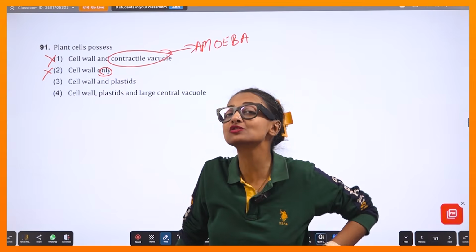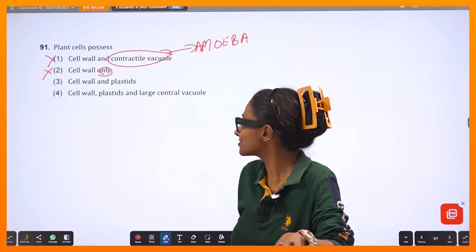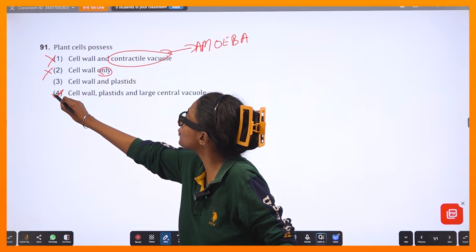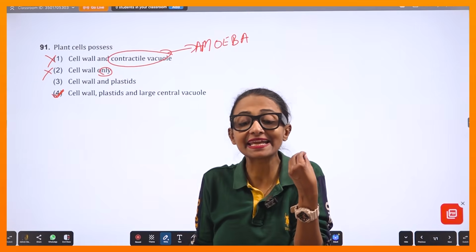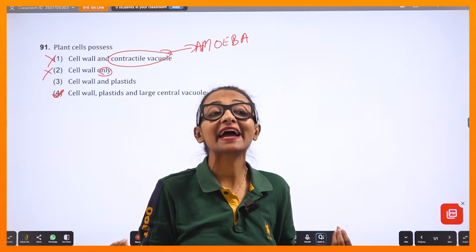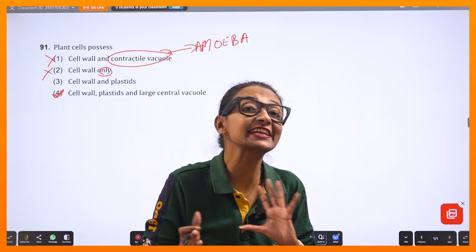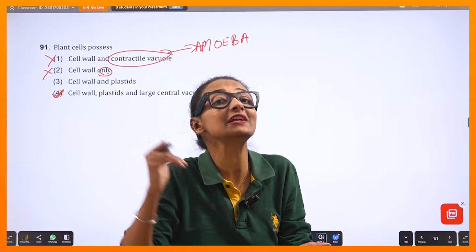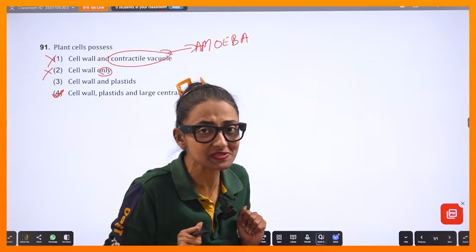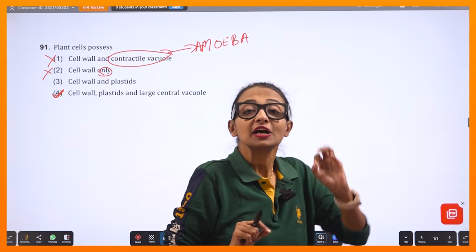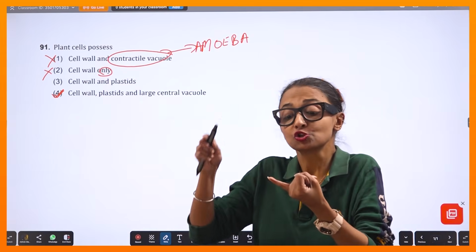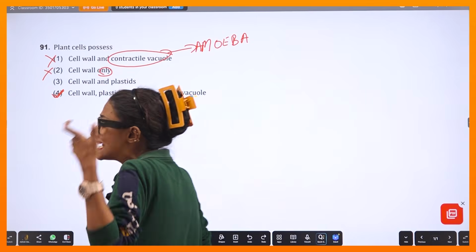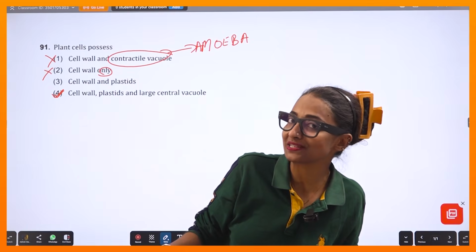The third option is not wrong, but I would suggest going with the fourth option. Why? Because we can have a variety of plastids in plants. In one specific plant, all types of plastids might not be present. Try to understand: in a particular plant you may not find chromoplasts, chloroplasts, aleuroplasts, elaioplasts, all of them.